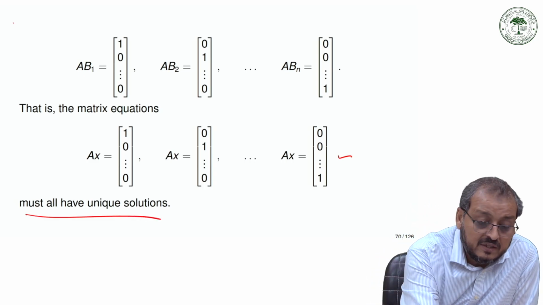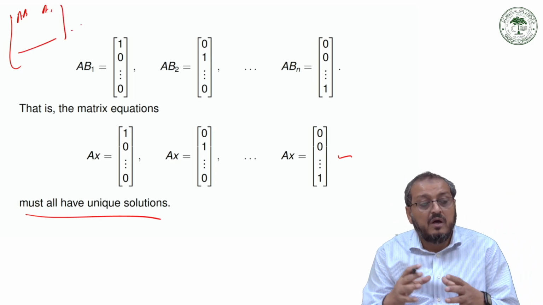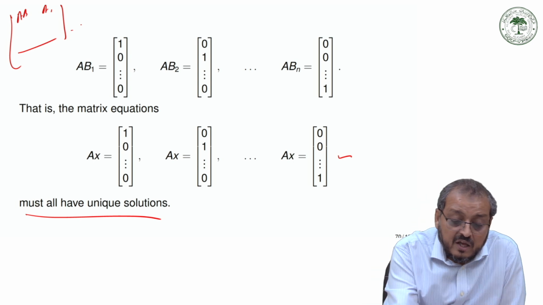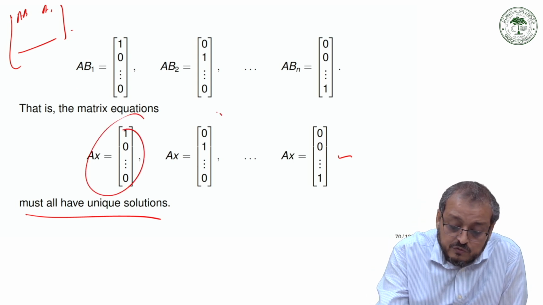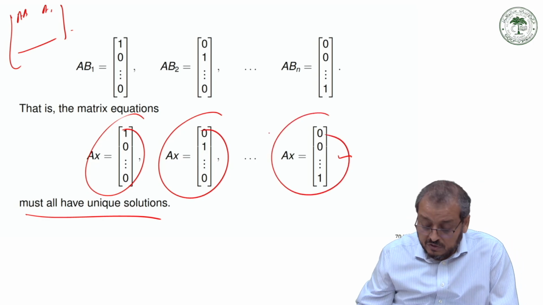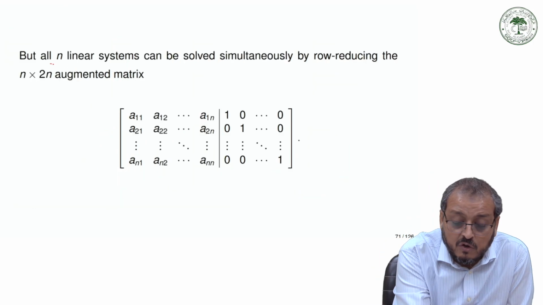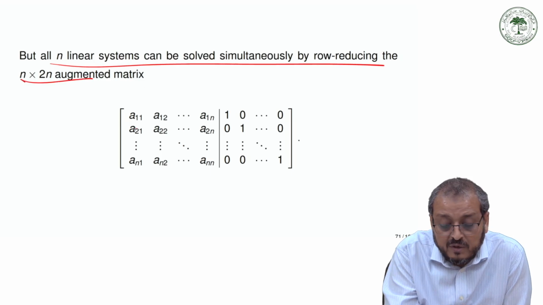So if we apply elementary row operations to this system of equations, we get AB1, AB2, up to ABn in this form, and the system AX equal to this has a unique solution. So we reduce all n linear systems simultaneously using the n by 2n augmented matrix. We write the matrix A, and to the right of it the identity matrix.